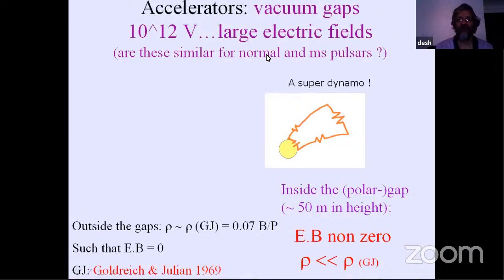Remember that this potential difference generated depends on the speed at which the pulsar is spinning, as well as the magnetic field strength. You know that the magnetic field strengths of millisecond pulsars and normal pulsars differ by orders of magnitude, almost 4 orders of magnitude. And so there is a large, significant difference in the spin periods.